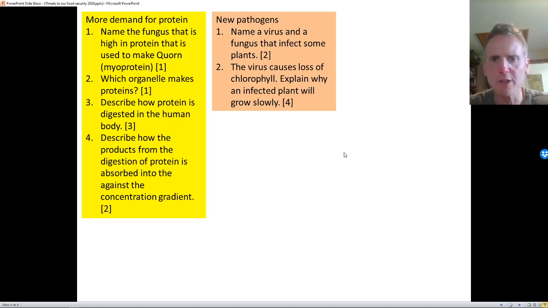Number 2, the virus causes loss of chlorophyll. Yeah, TMV destroys chlorophyll. Explain why an infected plant will grow slower. So less chlorophyll means it can absorb less light. If it can absorb less light, it can perform less of what process? Photosynthesis. Therefore, it makes less of the product of photosynthesis, glucose, and therefore, what is glucose used for?